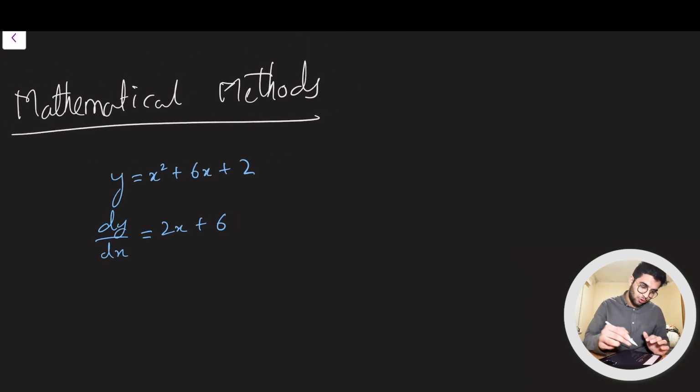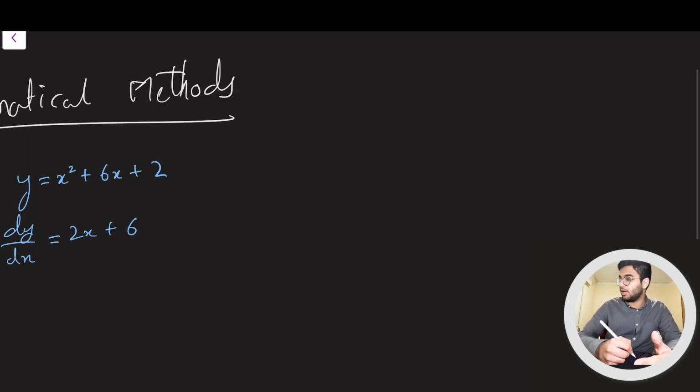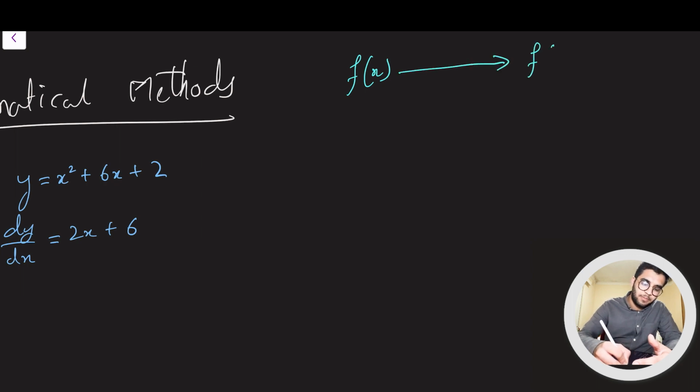Now to get to the actual point of this lecture: so far, what we have been doing is we have a function and we differentiate it to get the derivative. Let me just correct this up a little bit.